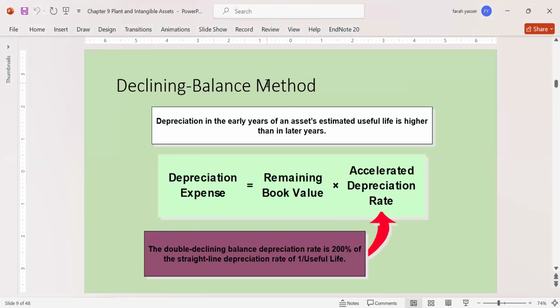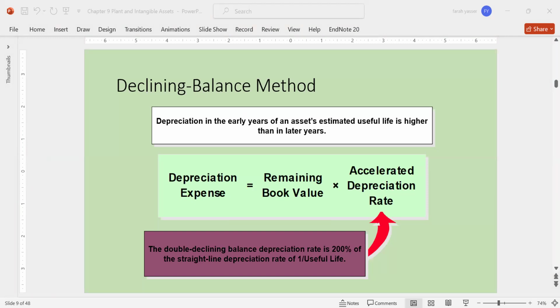Whereas the other method is the declining balance method. In the declining balance method, depreciation in the early years of an asset's estimated useful life is higher than in the later years. Or in simple words, in this method we depreciate an asset more in the earlier years of its useful life compared to the later years.